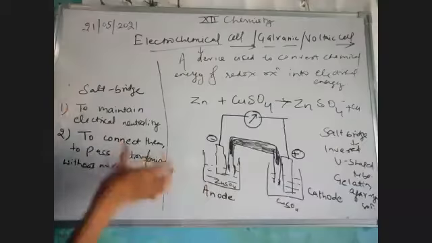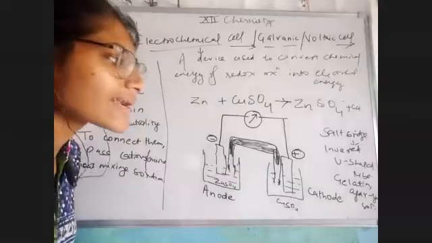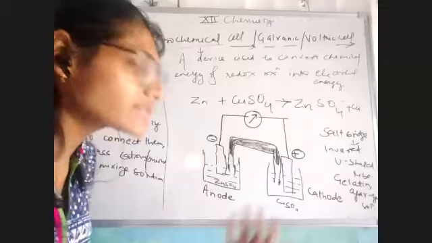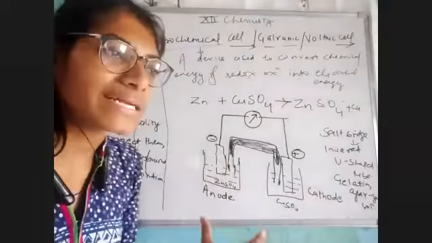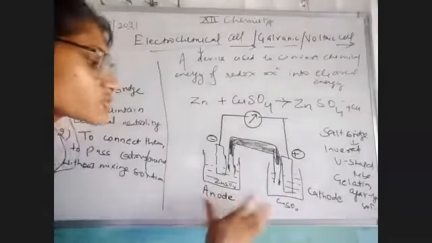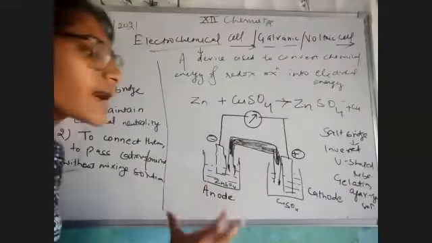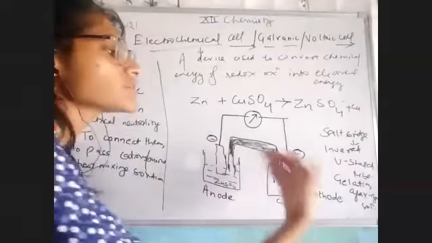So this is used to maintain neutrality. It provides the ions as well, my two solutions are not mixing, but ions are moving from one end to another.